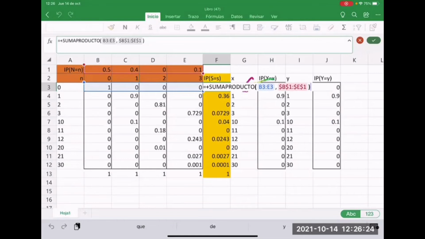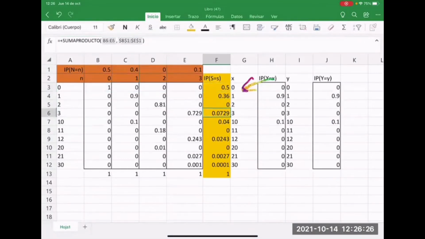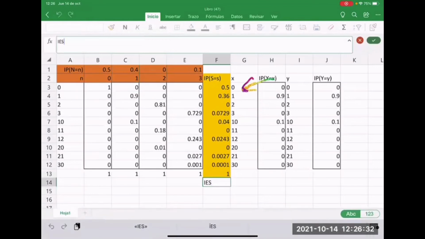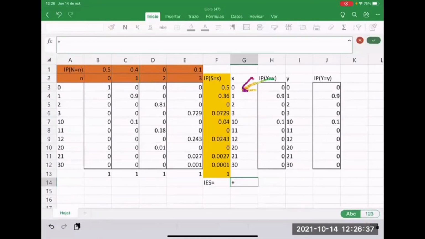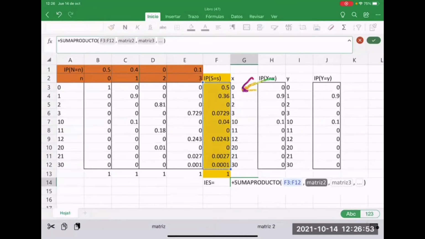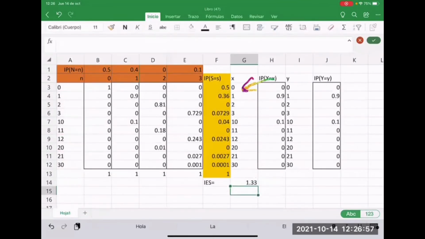Now, to verify that, a good idea would be to compute, for instance, the expectation of the random variable S. What is the expectation of the random variable S? On the one hand, this expectation is just the sum product of all these with the support of that random variable, like this.